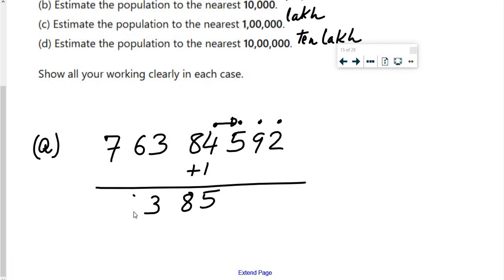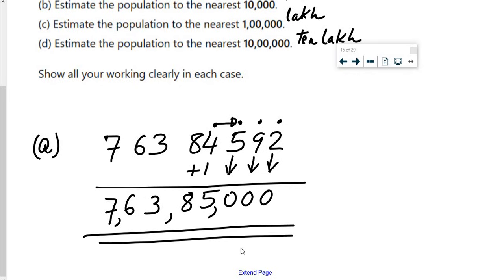The remaining digits 8, 3, 6, 7 are replaced by zeros. Keep the commas according to the Indian system of numbering, that is 1, 2, 3, 1, 2, 1, 2. And this is your answer to the nearest 1,000.